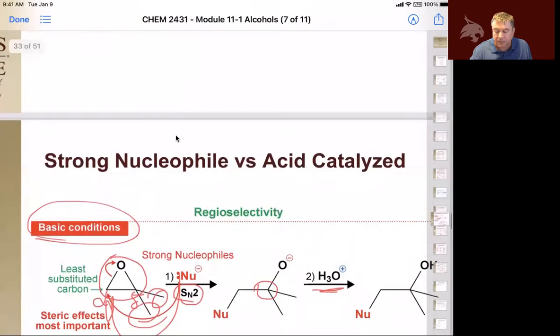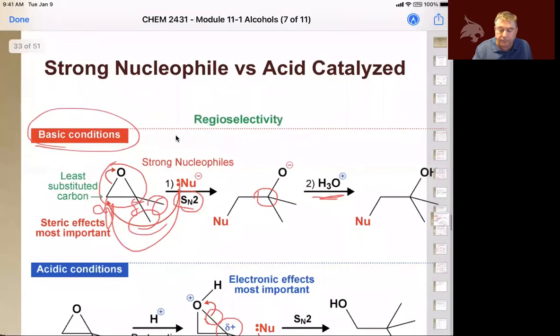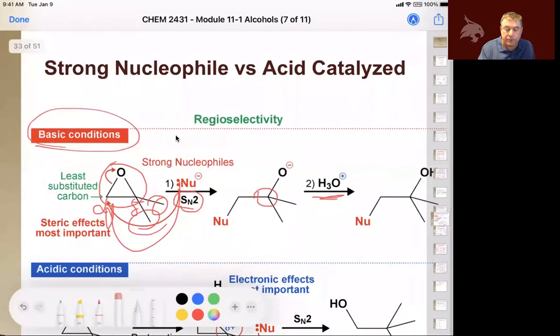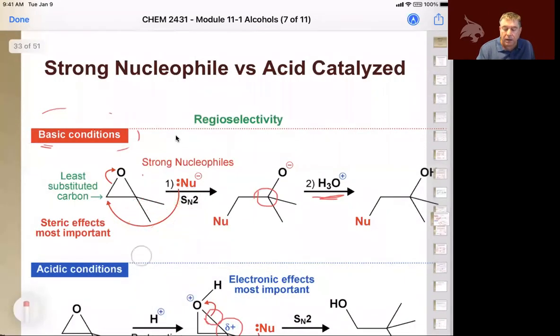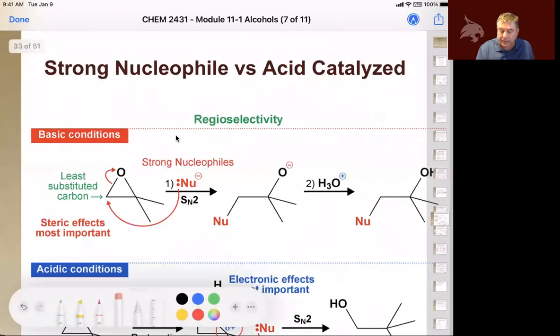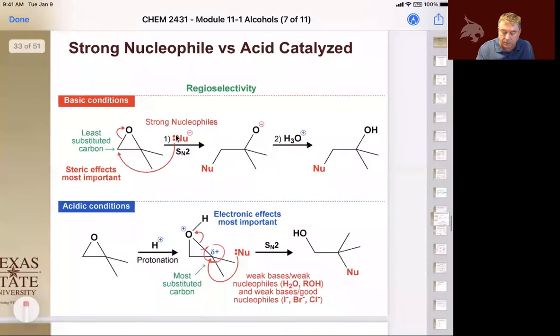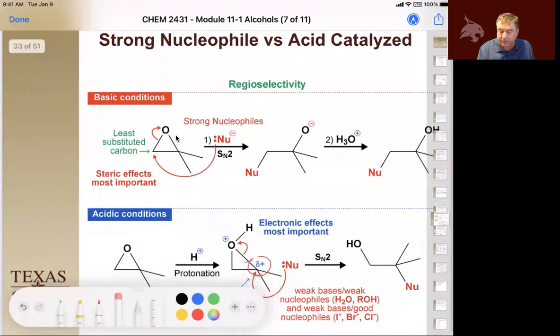Okay, so is there a difference in the regiochemistry based on what kind of conditions we have? You would think, just in general, under neutral or basic conditions, the reaction would take place just by sterics, right?